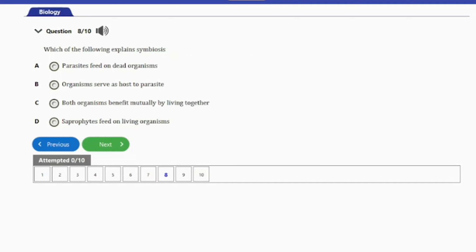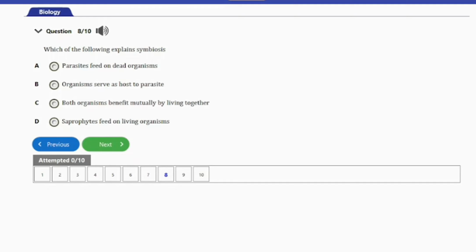That's question number 8 here. It says, which of the following explains symbiosis? We have A, parasites feed on dead organisms, B, organisms serve as hosts to parasites, C, both organisms benefit mutually by living together, D, saprophytes feed on living organisms.